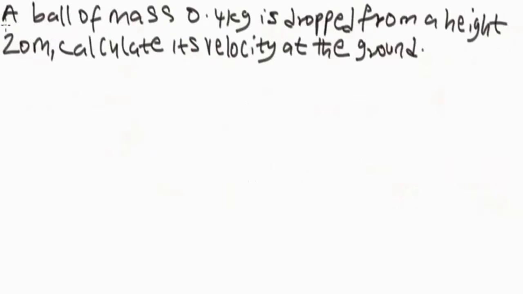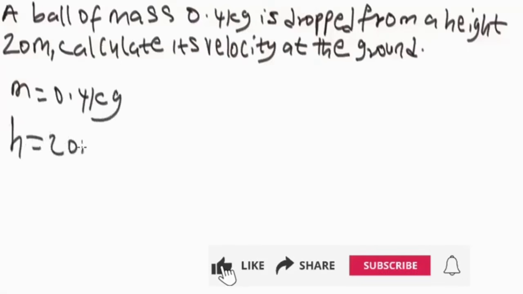Okay, so let's look at this question. It says a ball of mass 0.4 kg is dropped from a height of 20 meters. Calculate its velocity at the ground. Let's bring out our parameters. We have our mass to be 0.4 kg, our height to be 20 meters, and we are looking for velocity.